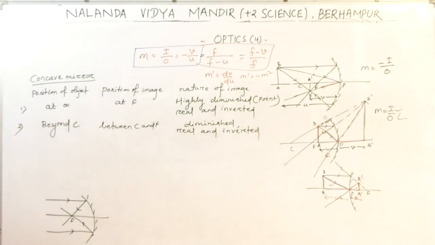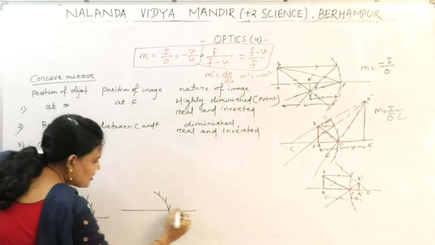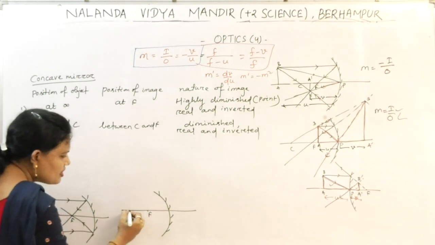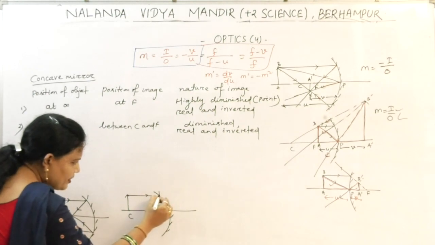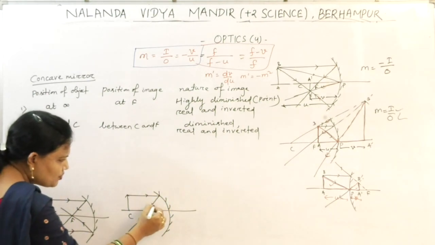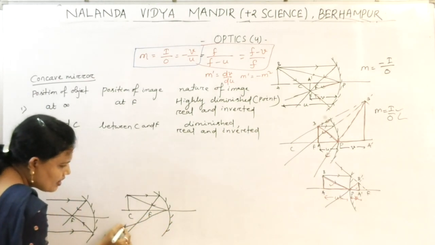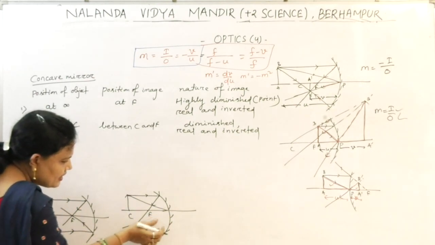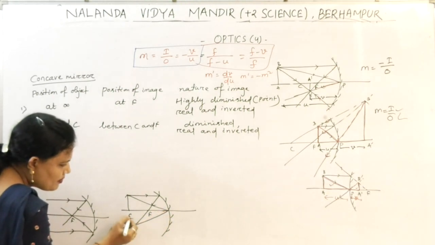Next, third, at C. This is F, this is C. If the object is at C, then after reflection it passes through the focus. The angle of incidence is equal to the angle of reflection.